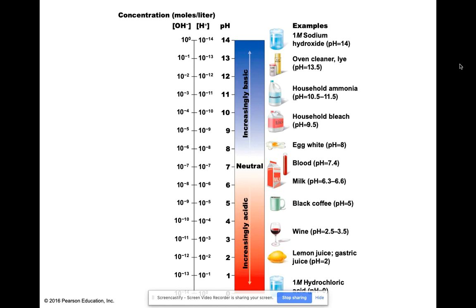So here's an example of what the overall scale looks like. You have your neutral there in the middle, and as you increase in acidity, you're decreasing on the pH scale, and as you increase in your alkaline properties, then you are going to get a bigger pH number. So 14 is the largest, it's the most basic. 1 or 0, like I said, depending on your textbook, is going to be the smallest, that's the most acidic.